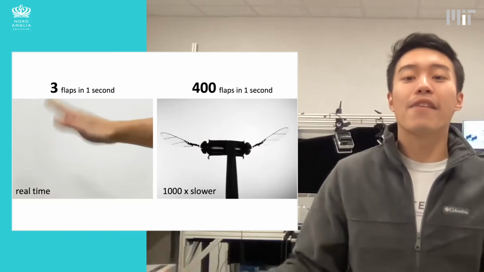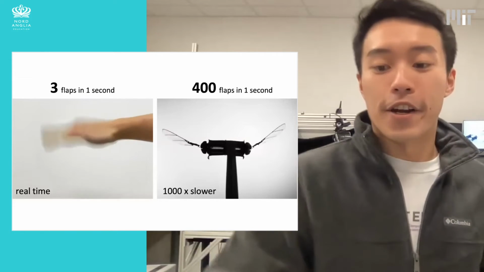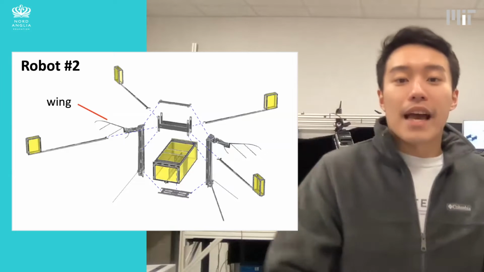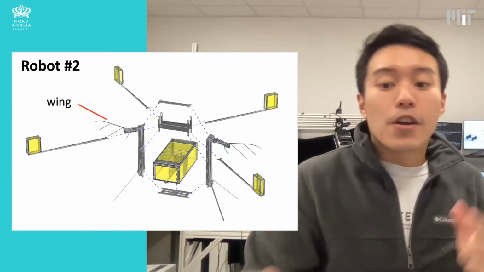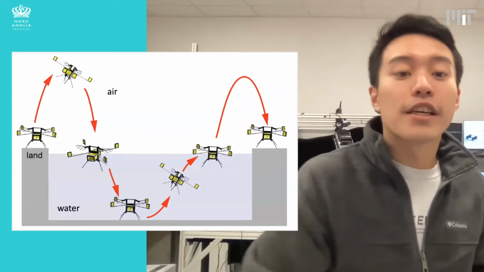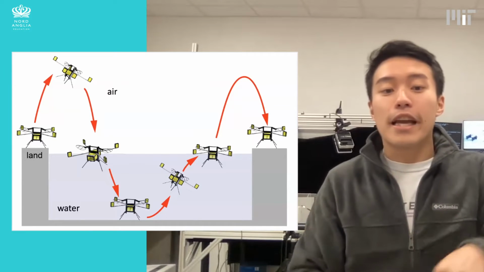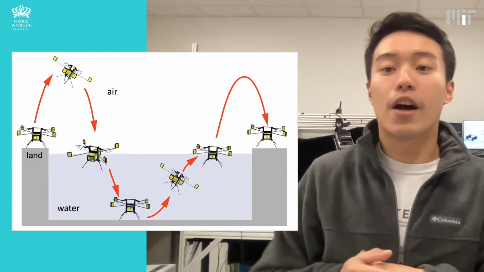Once we have this flapping motion, we'll be able to fly and stay in the air. But even more than that, I'm going to introduce you to Robot 2. It doesn't only fly in the air, it can actually dive into the water, swim inside the water, then pop out from the water and land on the ground again.